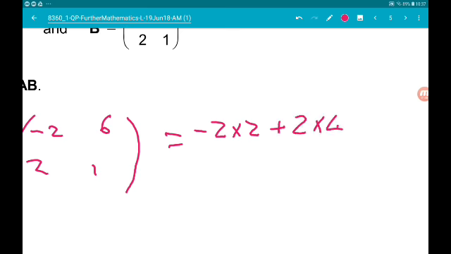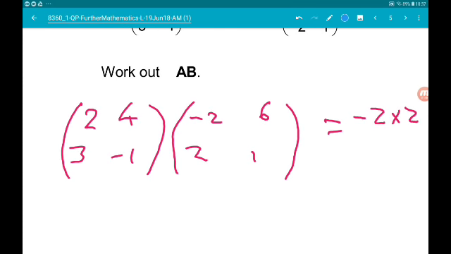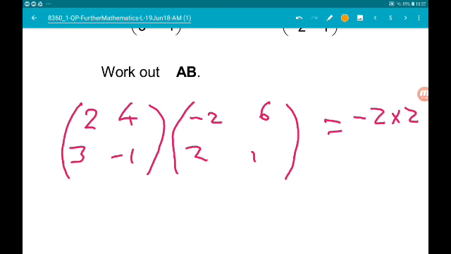Okay, let's change colour. Now for the top right element, we do the second column of the second matrix times the first row of the first matrix.